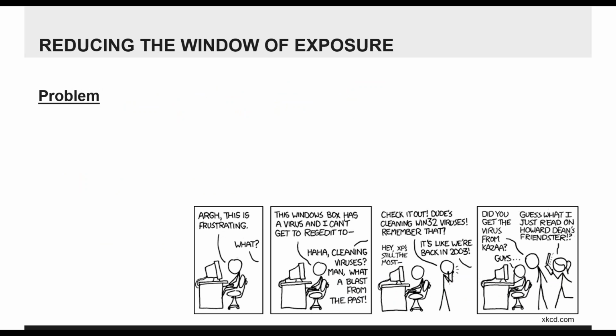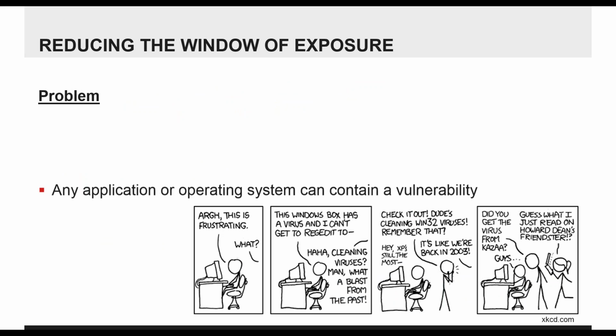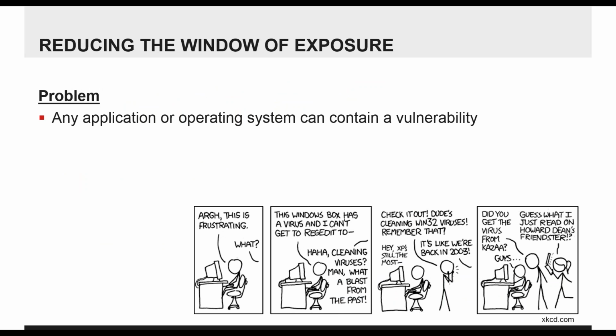The general problem in reducing this window of exposure is that any application, really any application on your system, maybe the operating system itself or any other application, can contain a vulnerability that can be exploited.